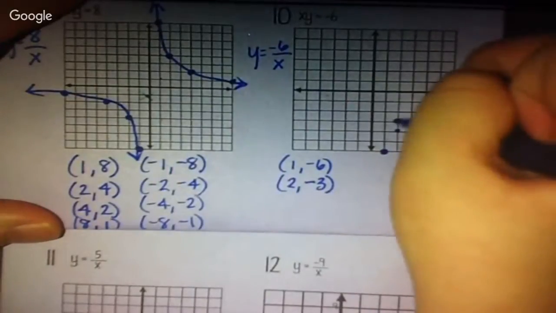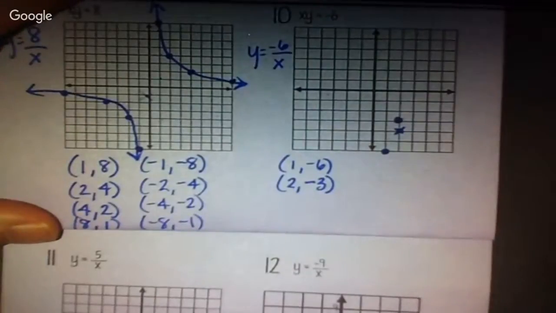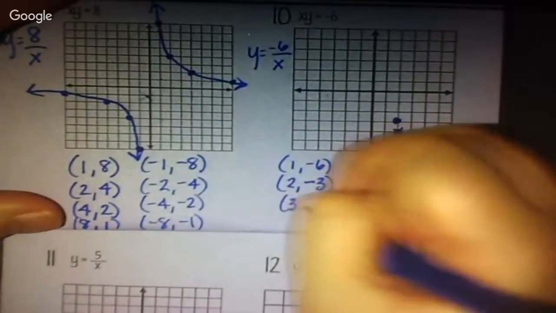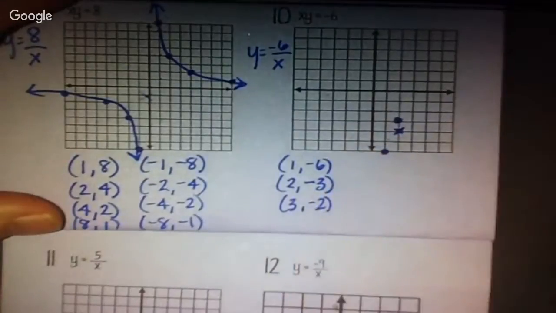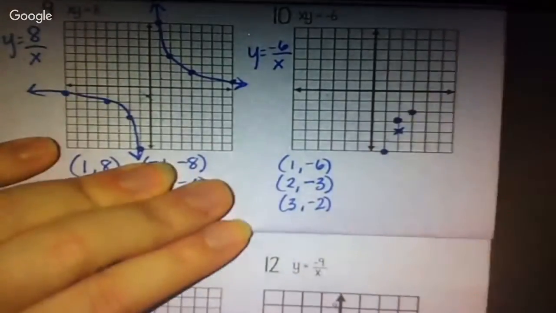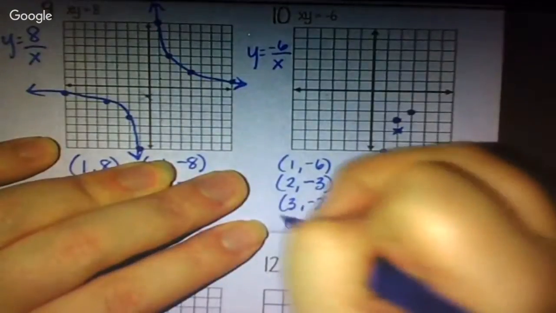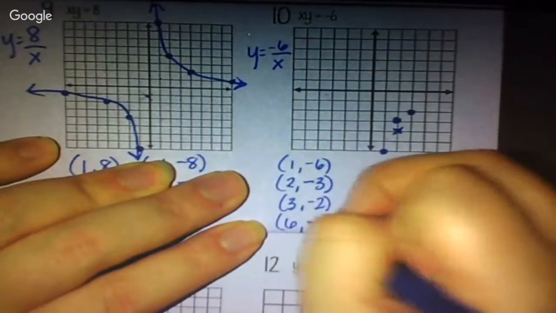Whoops, I counted wrong. Not that one. This one. 3 and -2. Good, Kenzie. She's up here whispering so softly. 3, -2. And one more. And I can do 6 and -1.